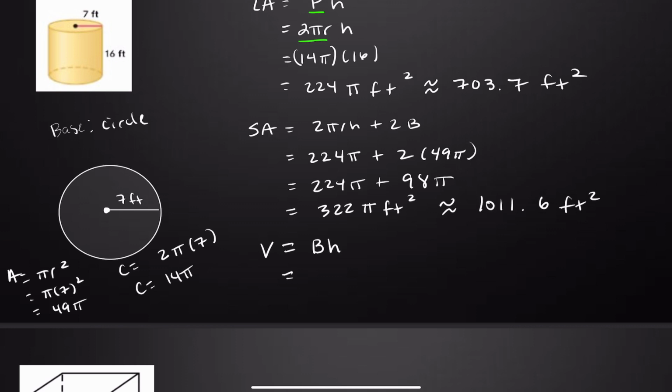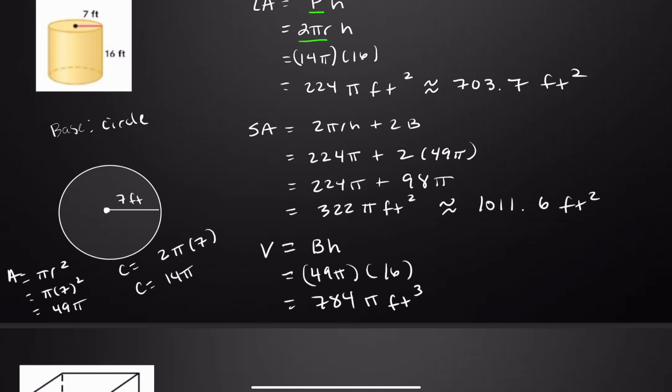We already know what the area of the base is. It's 49 pi. And you multiply that by the height of the prism, which is 16. So 49 times 16 is 784, and you slap on the pi, and you're dealing with volume. You're going to put cubic feet.